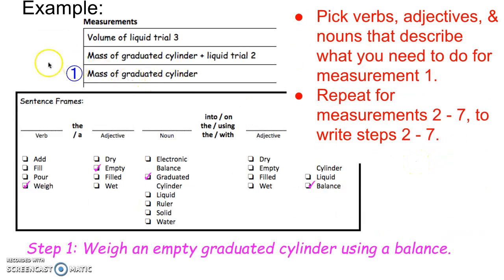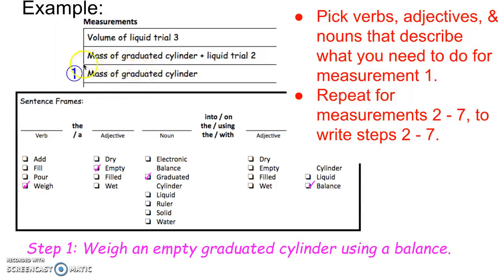Here's an example. Our first step was the mass of the graduated cylinder. So I know I need to take that measurement. What is the action I'll be doing? In the sentence frames, we begin with verbs, and then there's adjectives and nouns. You don't have to fill in all the adjectives, or maybe there are things that you want to add to this. That's totally fine, but this just gives you a general sense of what the step would sound like.